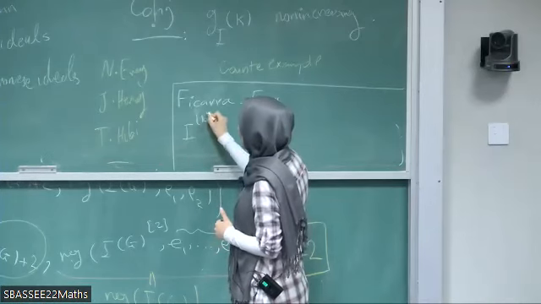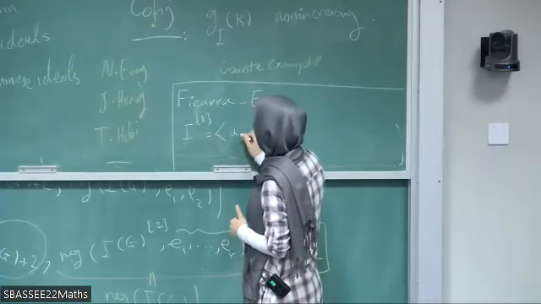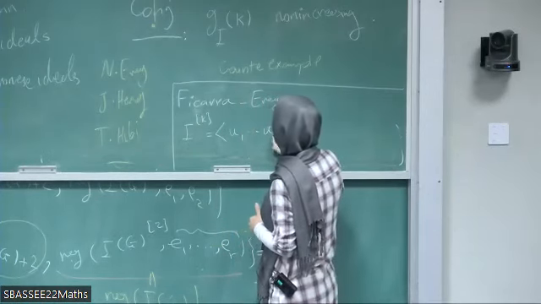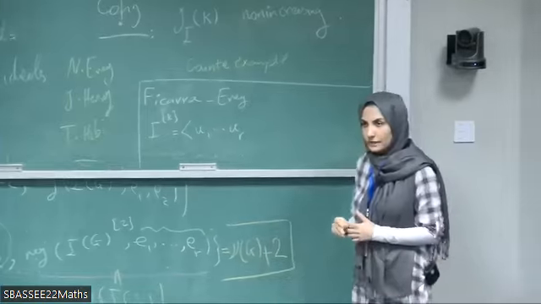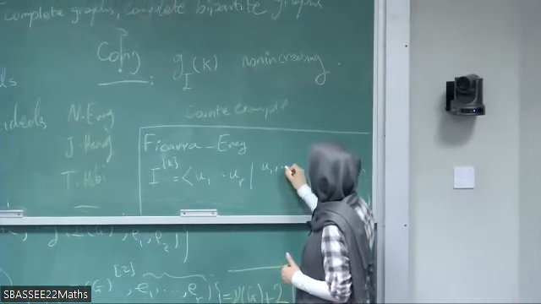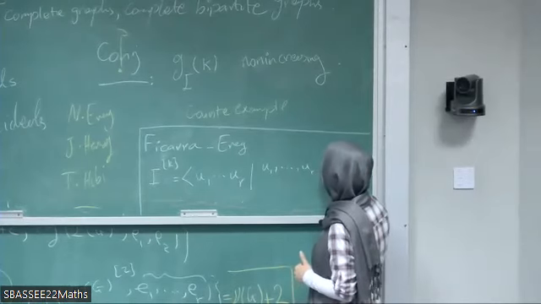And this is generated by the multiplications of the generators of the original ideal which form a regular sequence.